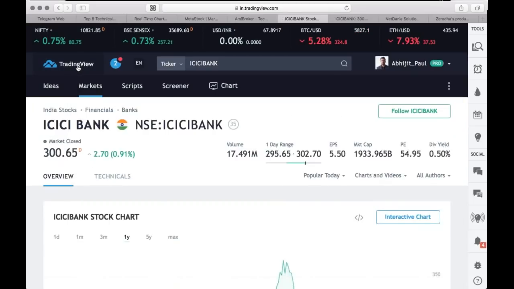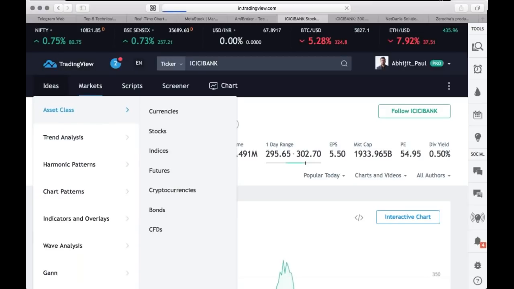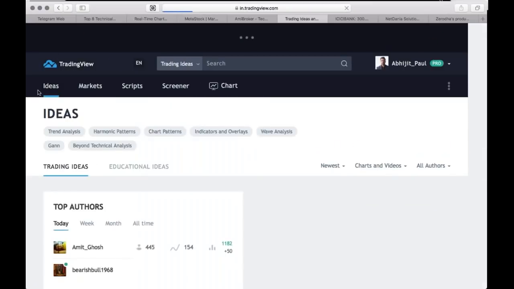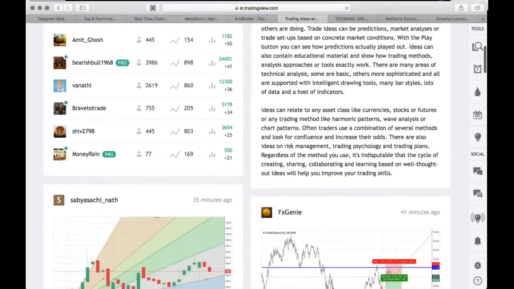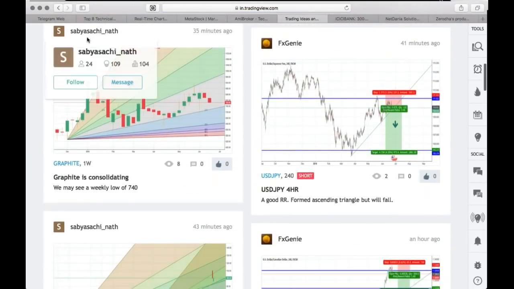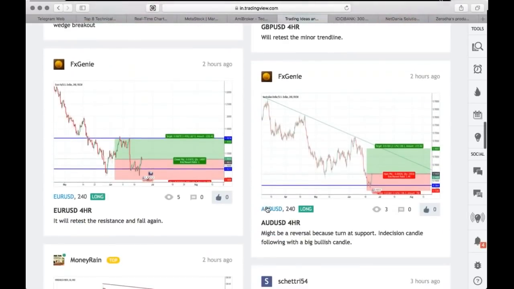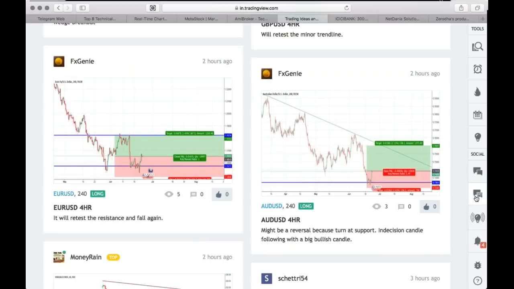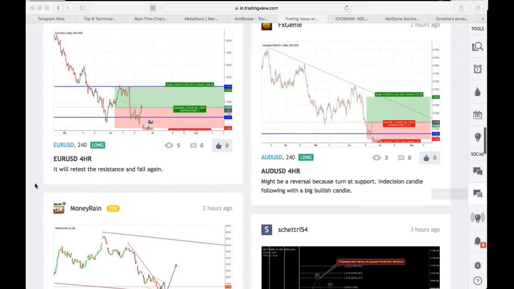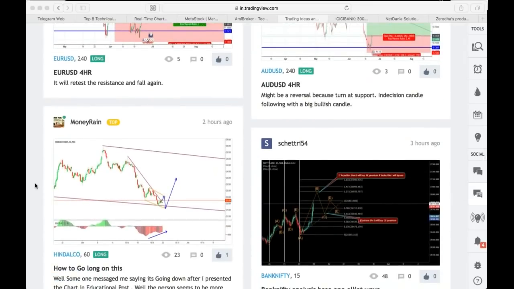It is essentially a social media for technical analysts. Many authors, like Sabyasachi, FX Genie, etc., are posting their thoughts. If they are registered and official advisors, they can put in their recommendations, and if they're not, they can put in educational posts.